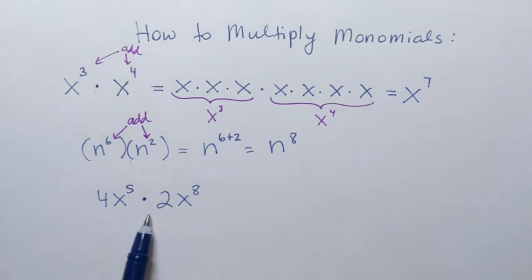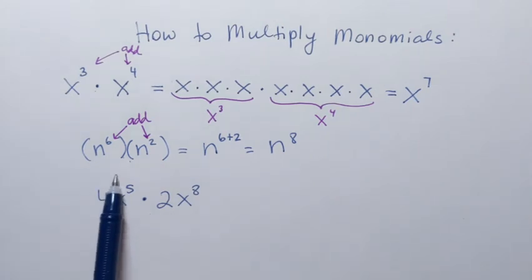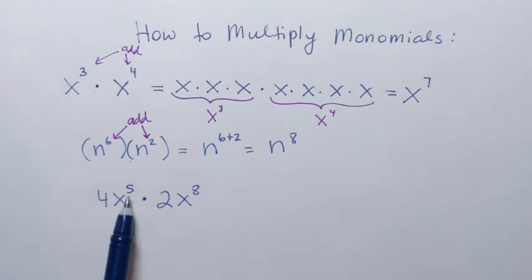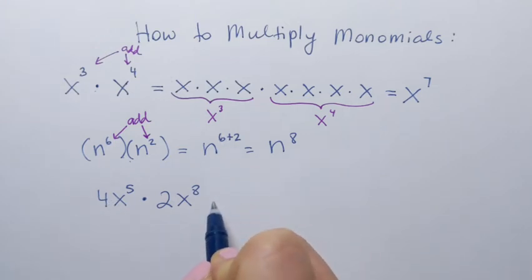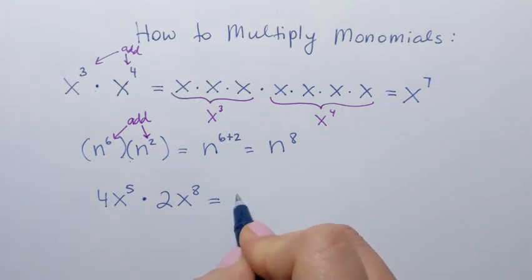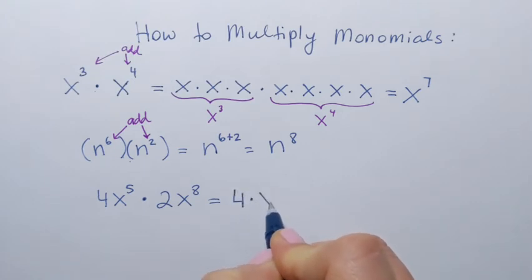Then I have to think of the following. When I'm looking at one of the terms, let's say 4x to the fifth power, what operation is between 4 and x to the fifth power? Well, since 4 and x to the fifth power are glued together and there is nothing written between them, it means that's a multiplication operation in between them. So that means that I can rewrite it like that: 4 times x to the fifth power.